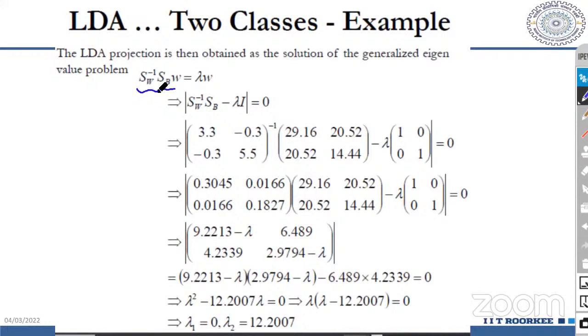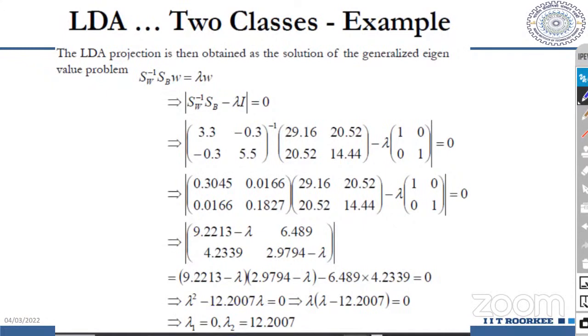We have already computed SW and SB, and the eigenvalues obtained are 0 and 12.2007.